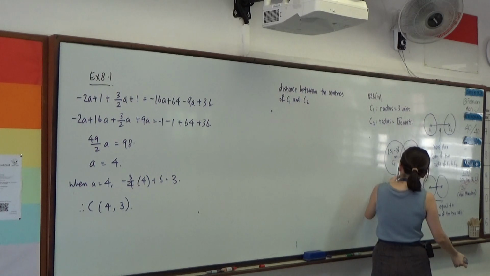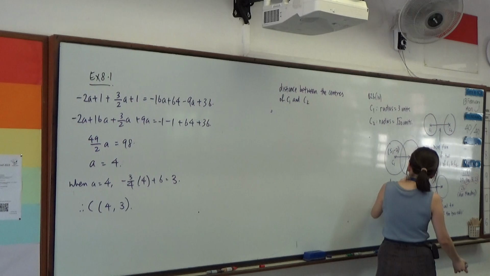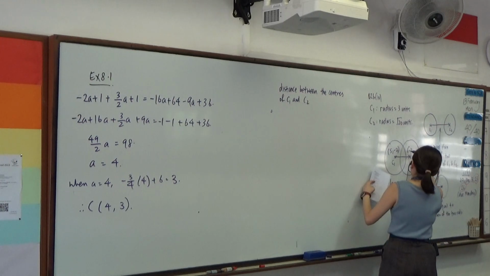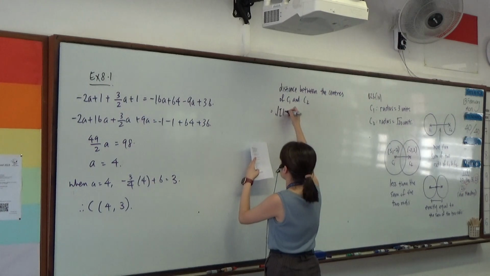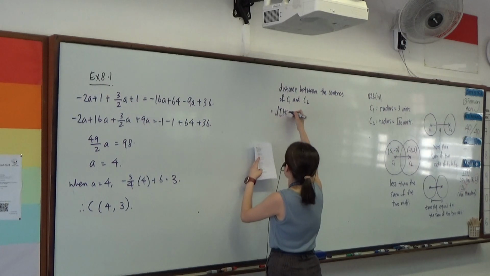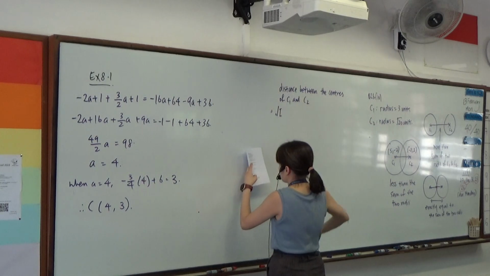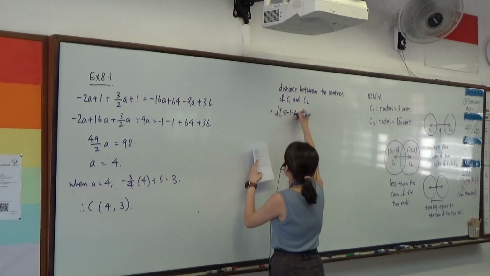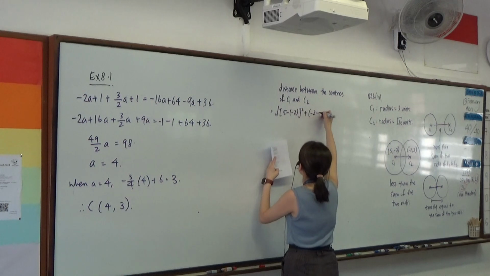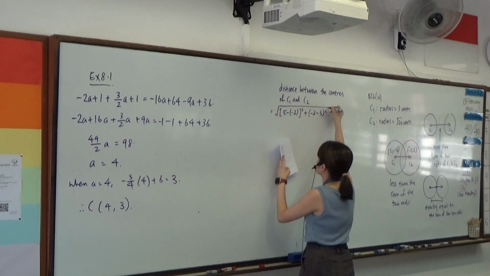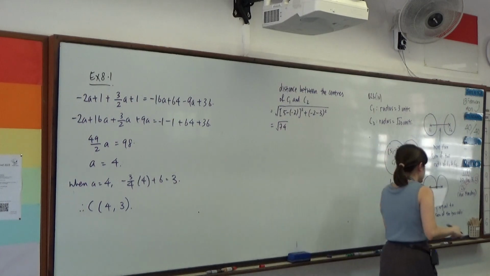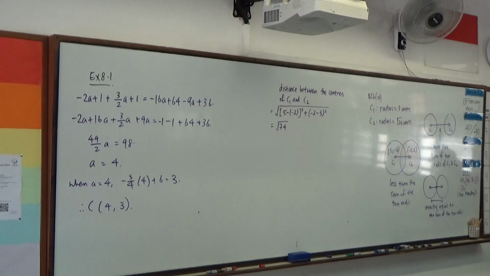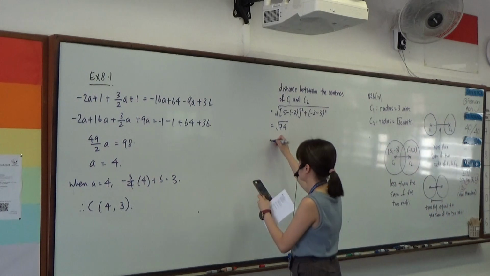And then for the center of C2, that has a coordinate of -2, 3. Here we get square root 74. Square root 74 is about 8.60.